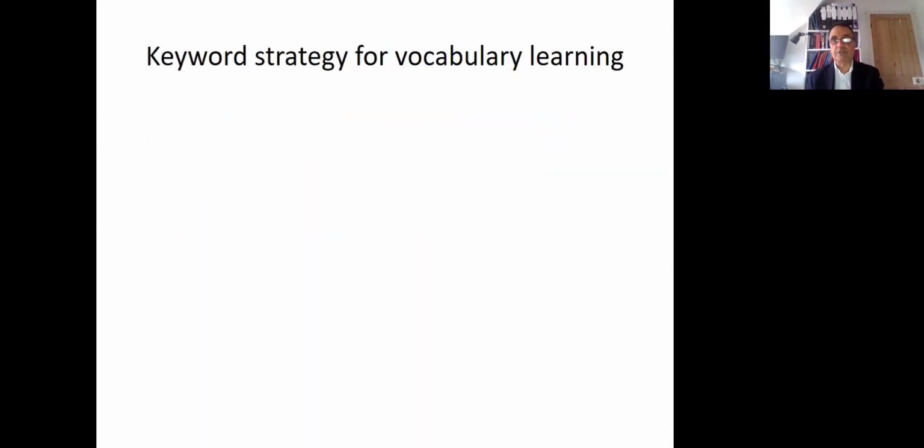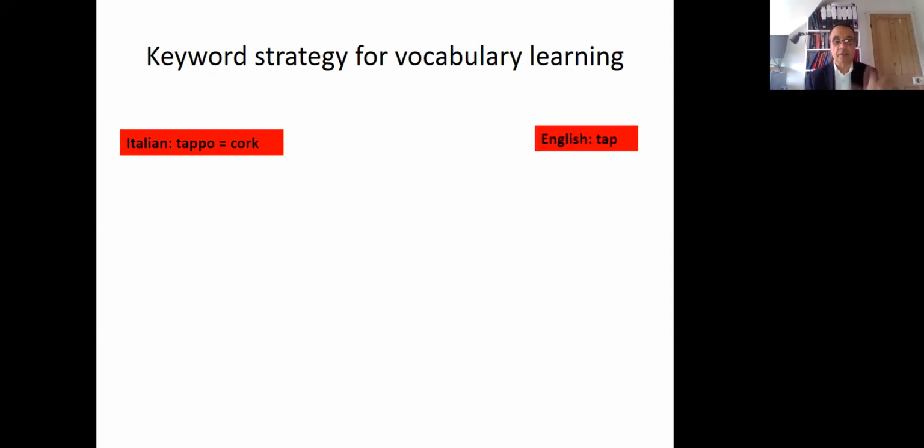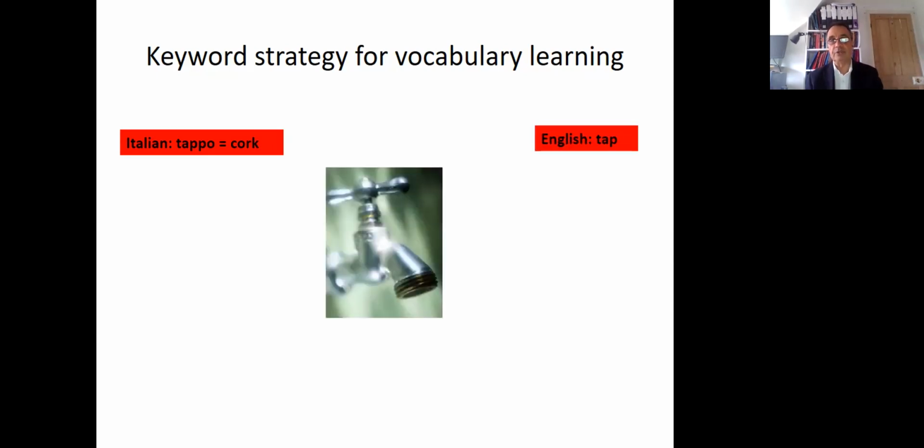And so here's an example of what I would actually classify very much as a strategy. You've got the keyword strategy. In Italian, the word for cork, that's the thing that goes into a bottle, is tappo. If you can't remember the word for cork, you go to the English word tap and make a connection between the two. Then you might have a picture of a tap, then you might make a little story about a cork going into the tap and then no water coming out, and that leads to you saying, oh dear.